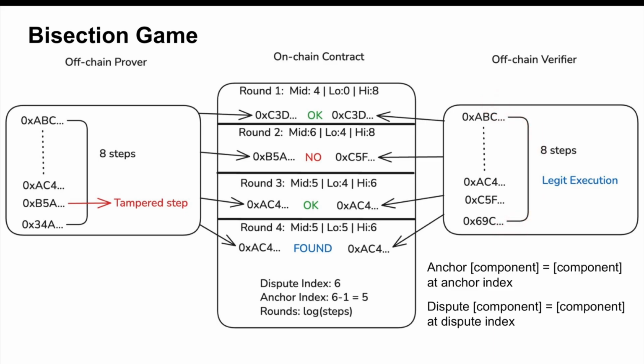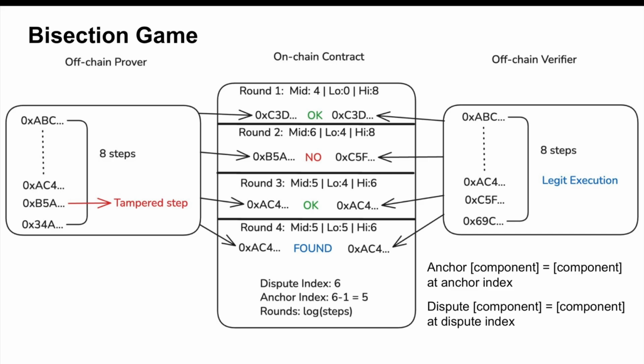So round 1 starts with high 8, low 0, and mid is 4. They compare the mid, which is the same for both of them because the tampering starts at index 6. So if they agree at step 4, the dispute must have happened after step 4, so we go to the right side of the execution.